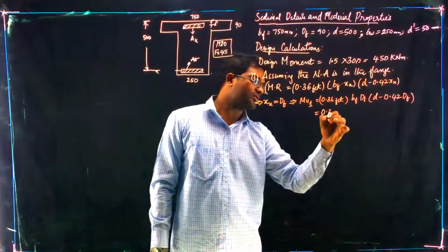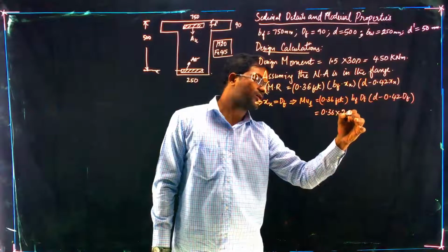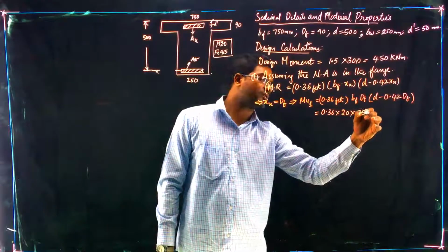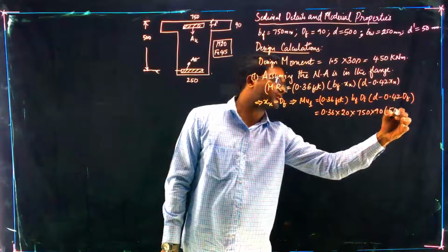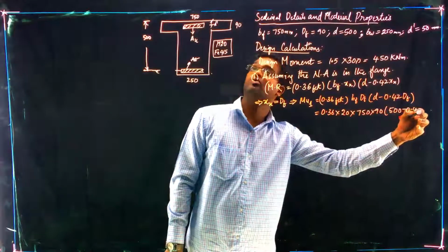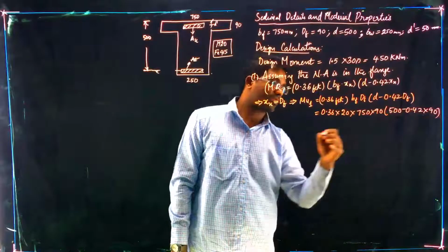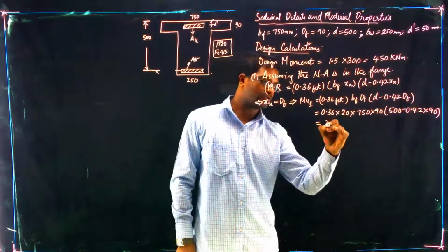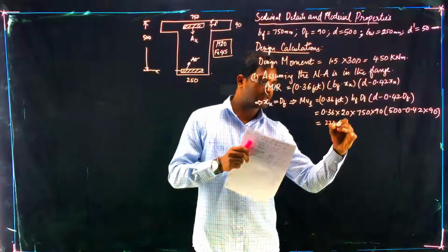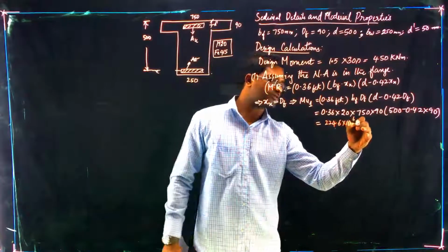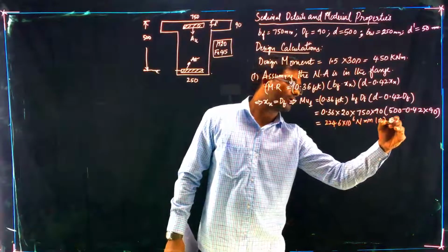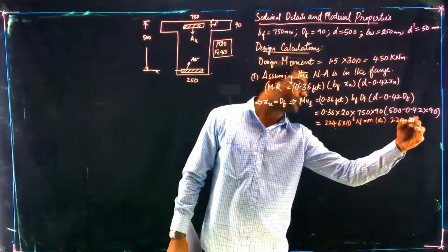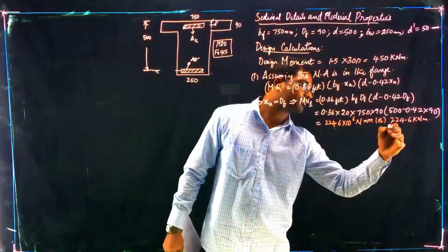Now 0.36, FCK is 20, BF is 750, DF is 90, D is 500 minus 0.42 into 90. You will get a value of 224.6 into 10 power 6 Newton mm, or 224.6 kilonewton meter.